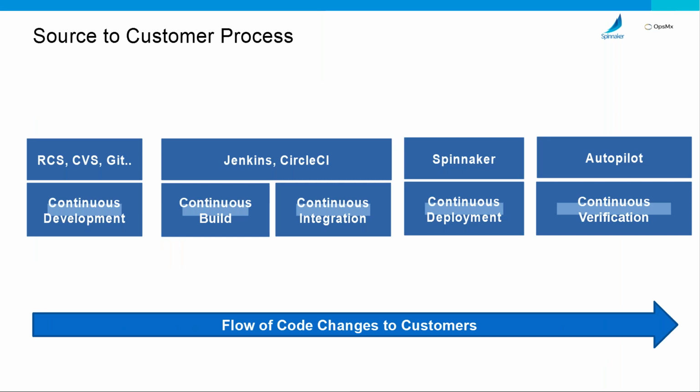So let's take a quick look at the overall process. We have continuous development by developers and source being checked in to RCS, CVS, GitHub, and so on and so forth. Then we have building, continuously building this changed code into new jars or objects or whatever that might be.